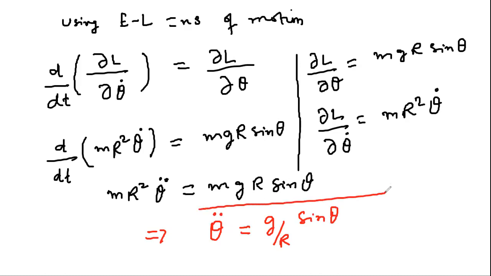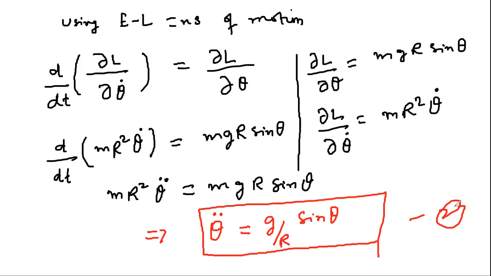This is my equation of motion. Let me name it equation 2. Theta double dot is g by r sine theta.